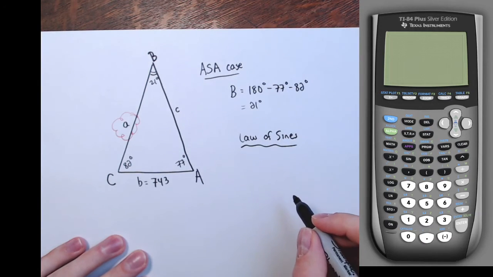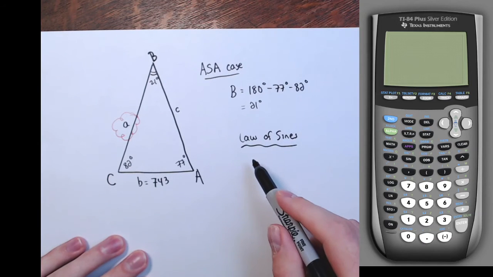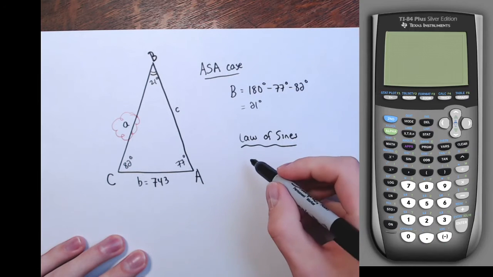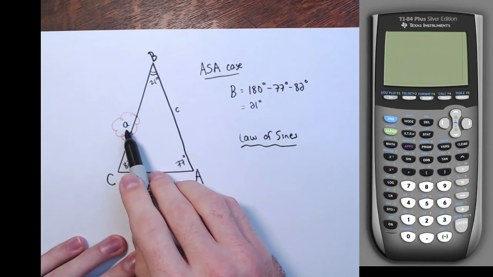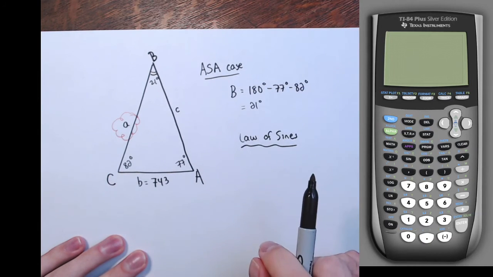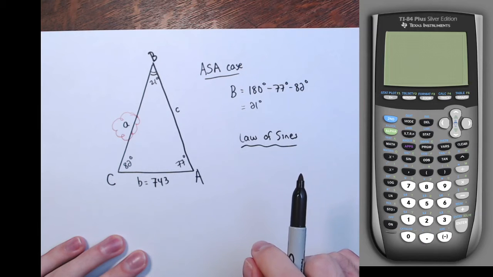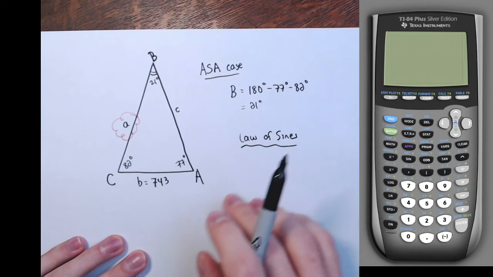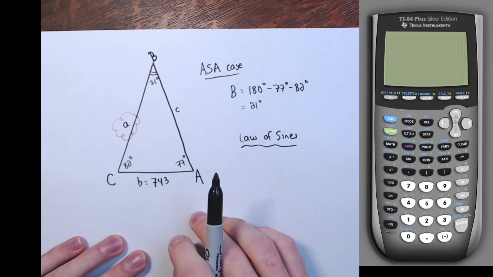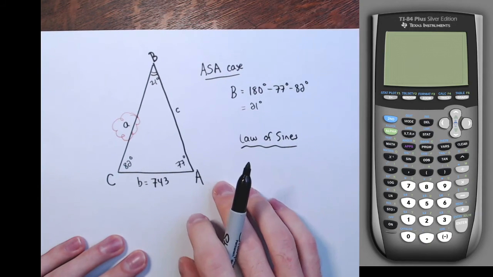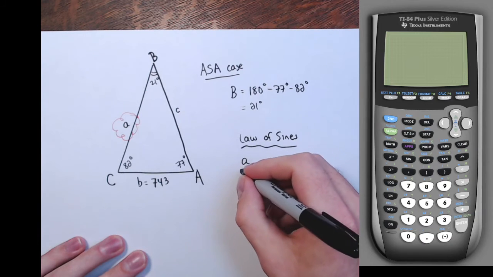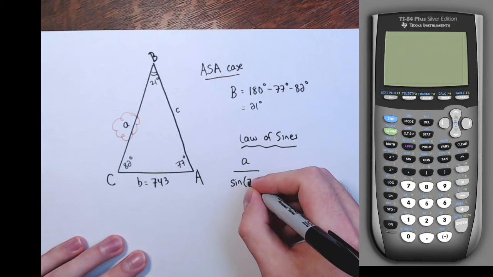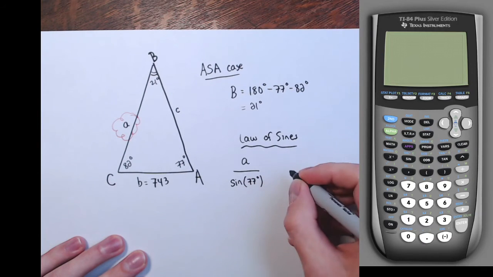I'm going to do that version where it's flipped and the side lengths are in the numerator. When I'm trying to find a side length, I'll have the version with the side lengths in the numerator. When I'm trying to find an angle measure, I'll do the version where the sines of the angles are in the numerators. So we have little a divided by the sine of angle A, so the sine of 77 degrees.